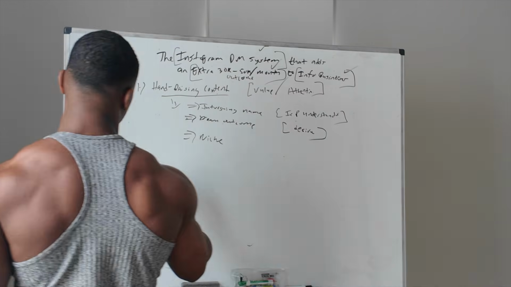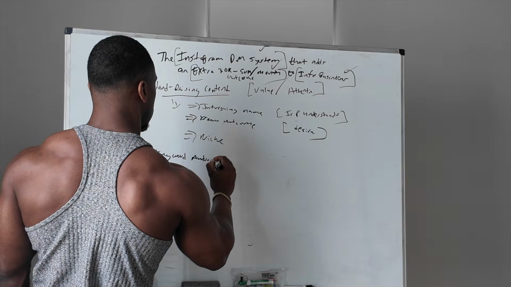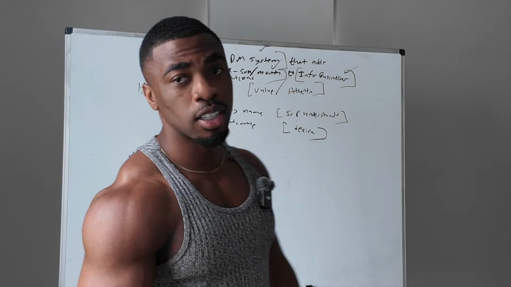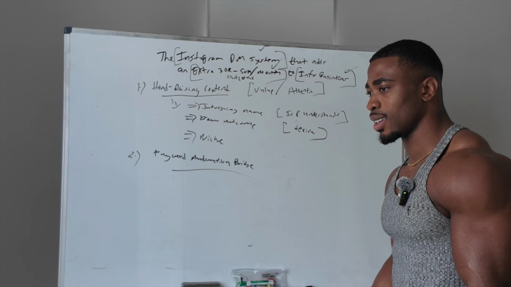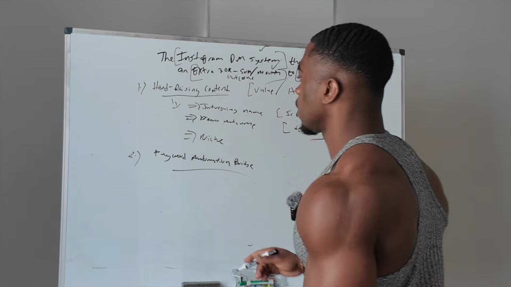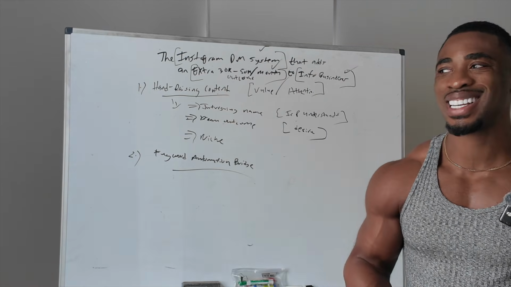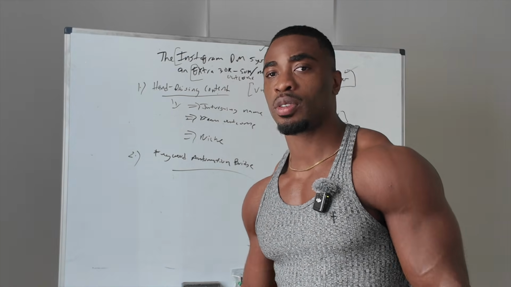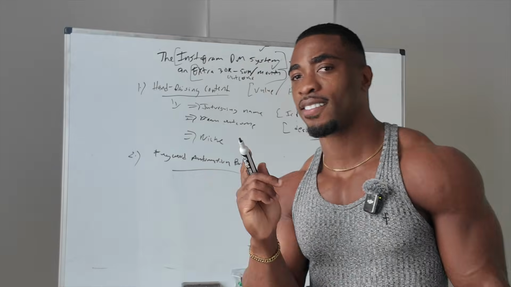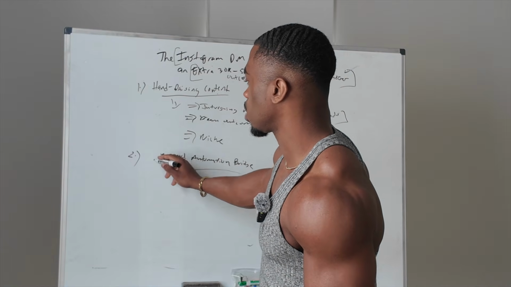Okay, the next thing that you want to do is put in the keyword automation bridge. So right here, this is important. You're not going to send them to a link. You're going to make them comment a word. The reason this is important is you don't want to just send them a link. They go on a landing page, they take a look at it, and then they're gone from there. You want to create a conversation, especially as a brand owner, as a business, personal brand.